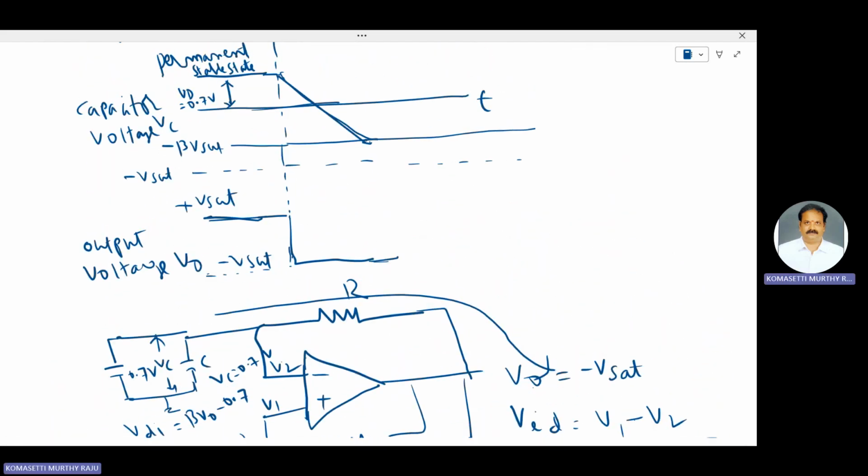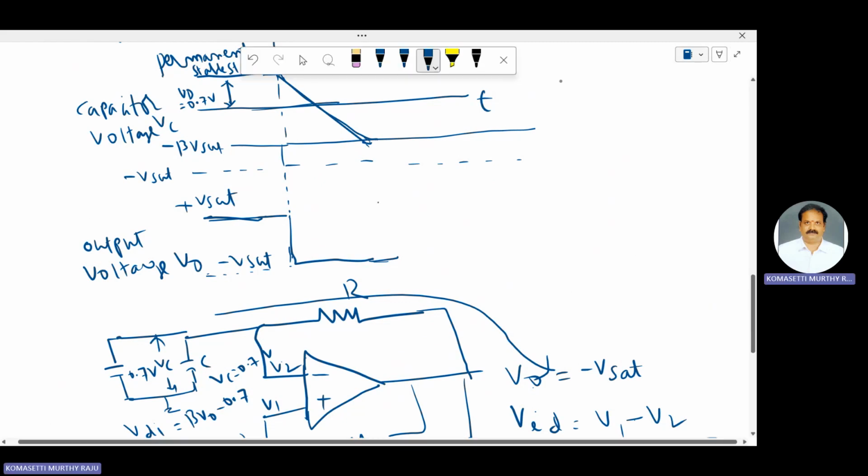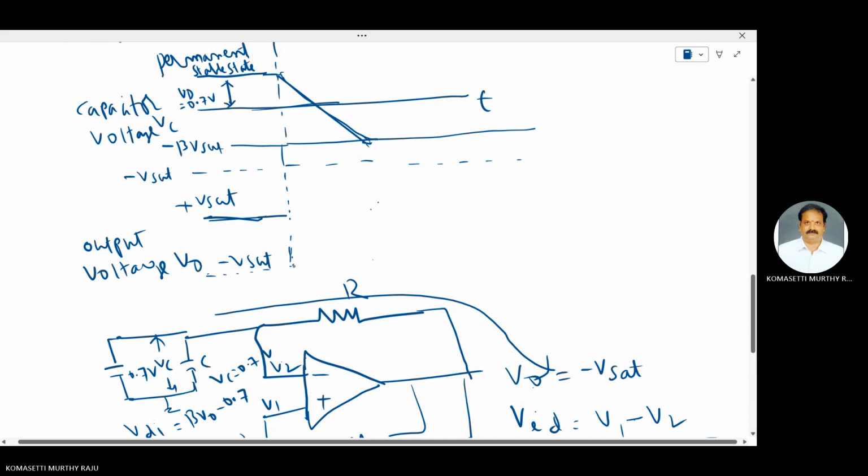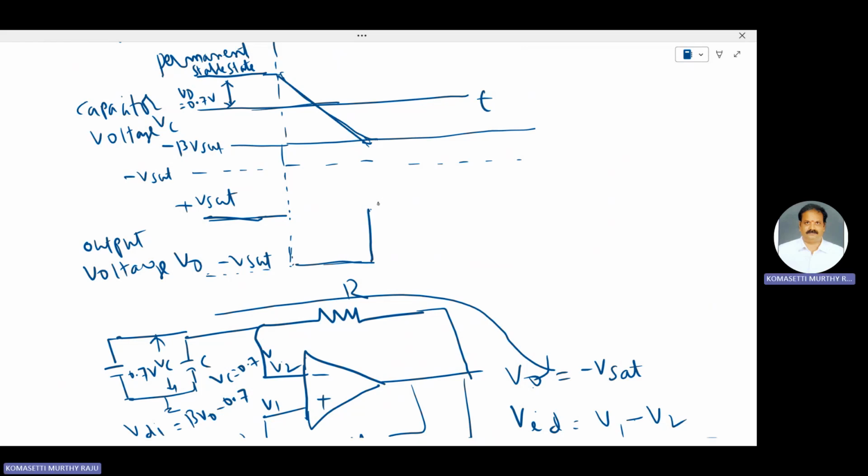Whenever the capacitor voltage just crosses minus beta Vset, the output voltage changes state to plus Vset. This is the specified time interval T.